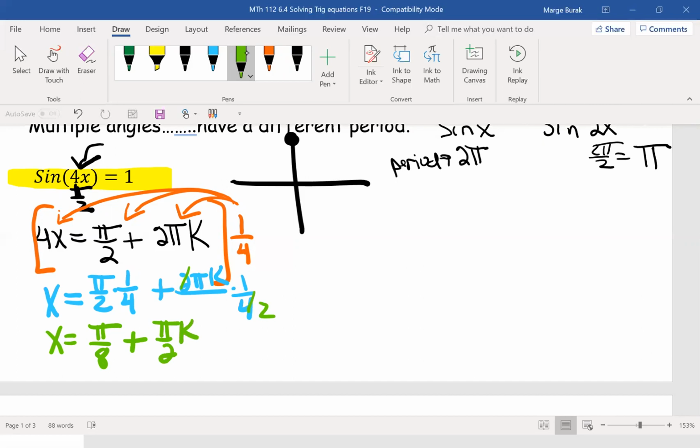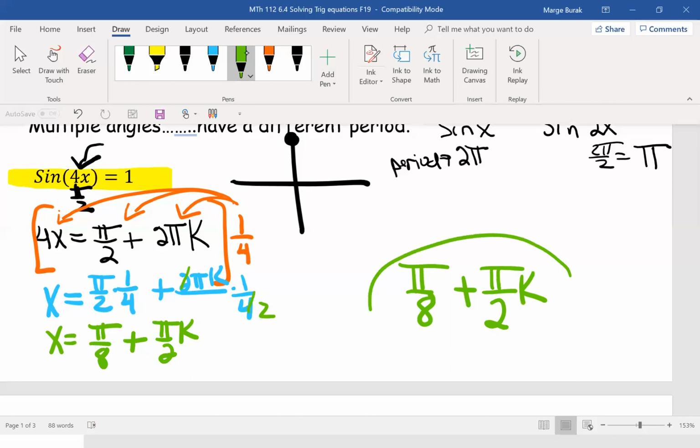Okay, so that means that my answer is pi over 8 plus pi over 2 k. Okay. And again, we can check that with a graph.